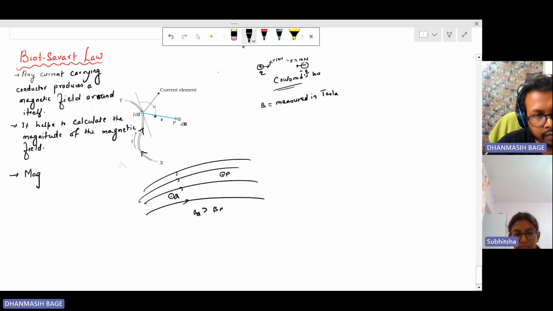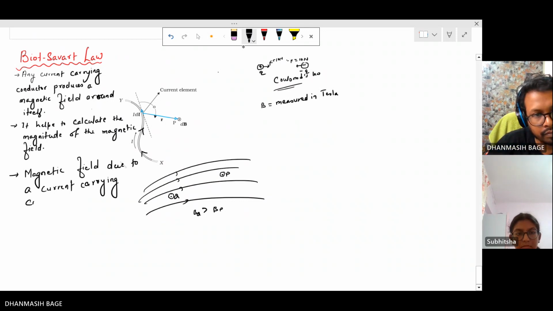Magnetic field due to a current carrying conductor depends on its shape.